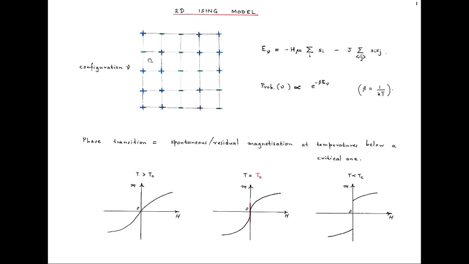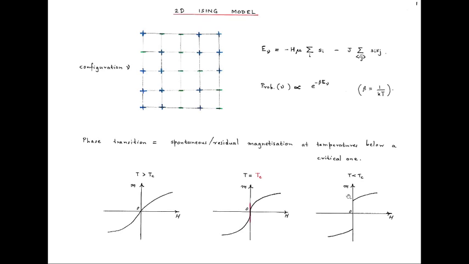And by the existence of a phase transition, we mean that there exists a certain temperature, a critical temperature Tc, such that if we look at what happens to magnetization versus the magnetic field, then above that temperature we have that as the H goes through zero, this magnetization goes through zero.